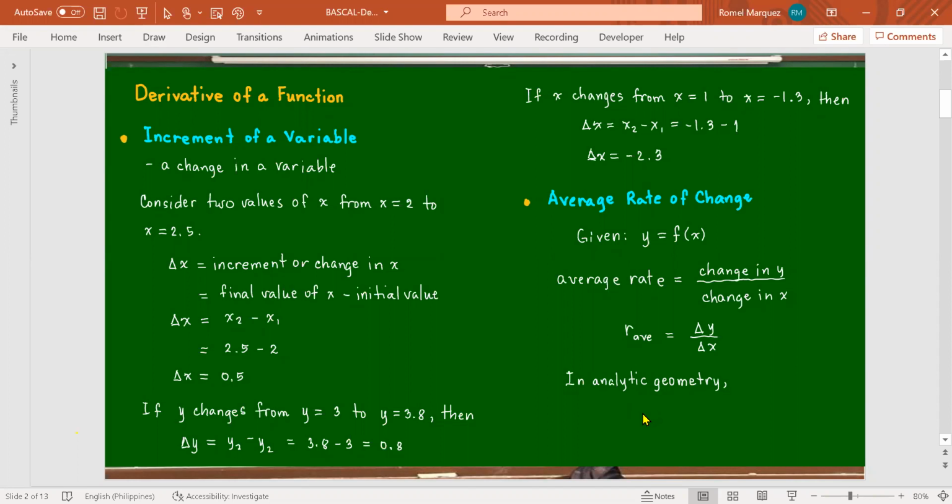So this is called slope, represented by m, and that is equal to delta y over delta x.